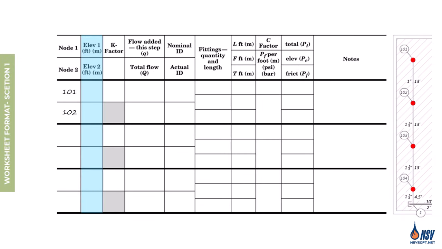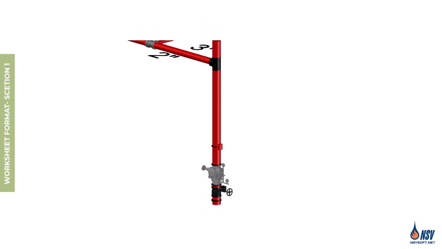The second column of the worksheet is dedicated to the elevation of the start and end nodes of each pipe section. Before entering values, we must first select a reference plane for elevation measurement. In our example, we choose the test node elevation as the reference.